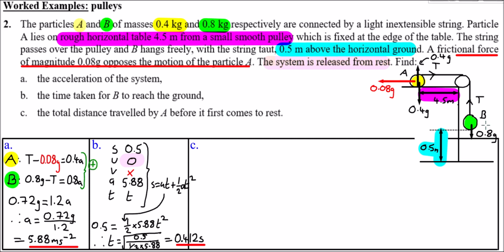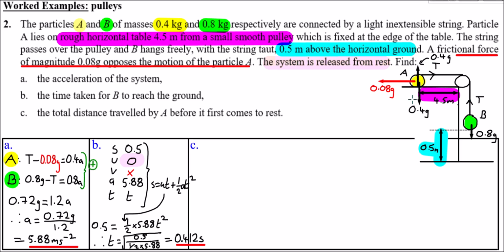However, after it travels 0.5 metres along, B will have travelled 0.5 metres down, and the tension will disappear because the string will now become slack because B has hit the ground, B is at rest, there will be no tension left, and so A will just be freewheeling until it stops.